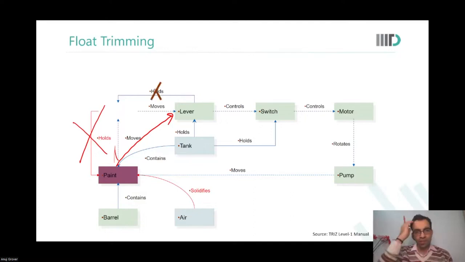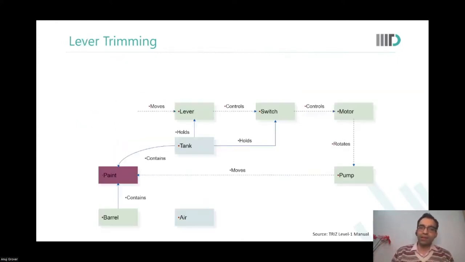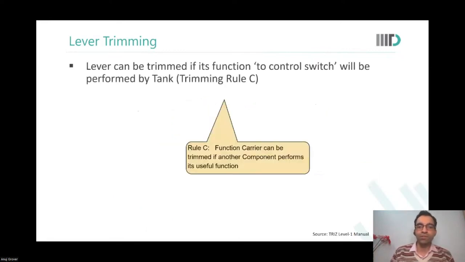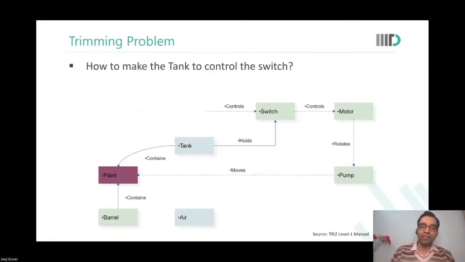So what we could do is say that, okay, the lever could be moved by weight, but that is a little tricky. We trim the lever also, then we will move the switch by the weight. Okay? So what we do is we say that the tank, for example, moves the switch.